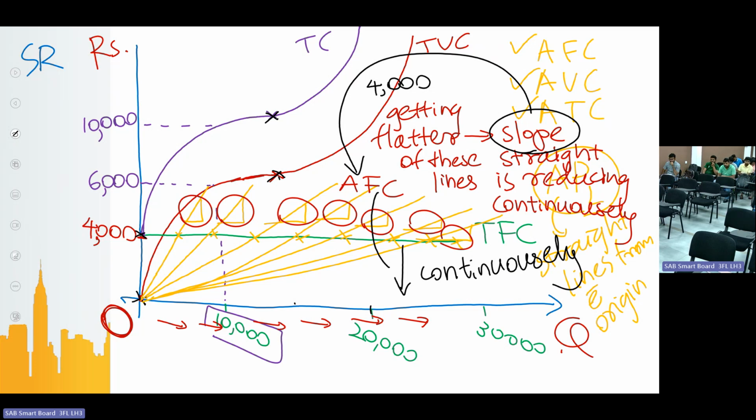When quantity increases, the straight lines are getting flatter. The slope measures AFC, so this continuously reducing slope implies that AFC is also reducing continuously.